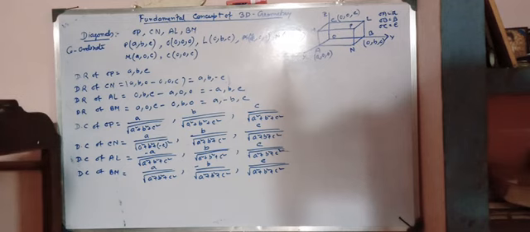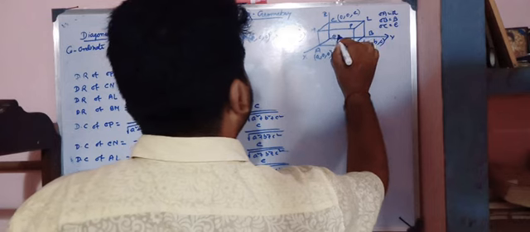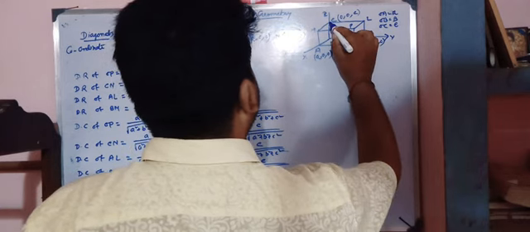So these are the direction cosines. Now we have to see this diagonal and this diagonal.